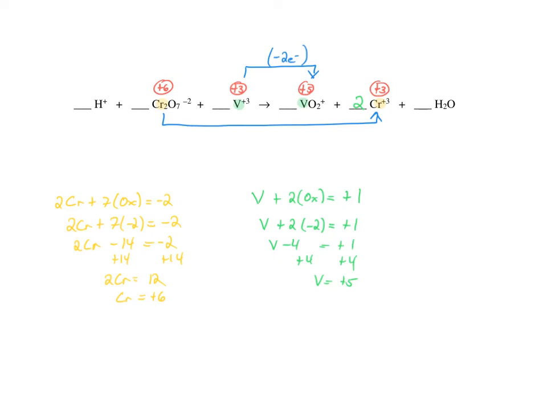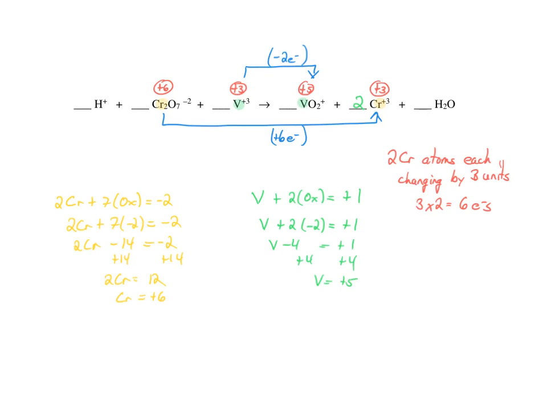With chromium, we have to be careful because there's 2 chromium atoms. Each are going from +6 to +3. There's a net gain of 6 electrons. Each chromium is being reduced by 3 units, but we have 2 chromium atoms. 2 chromium atoms, each changing by 3 units, means 6 electrons as written.